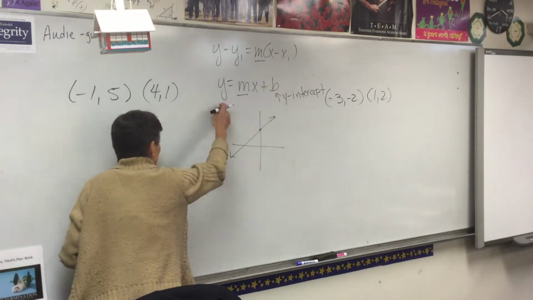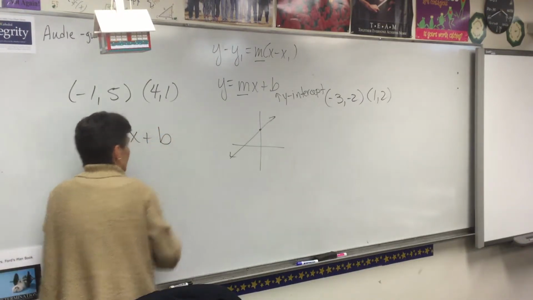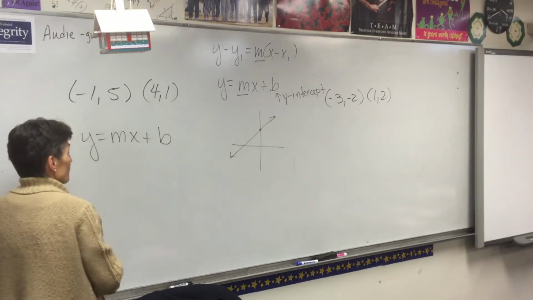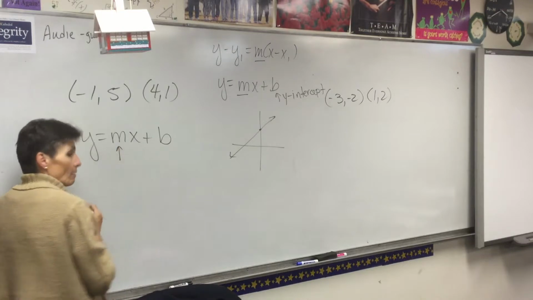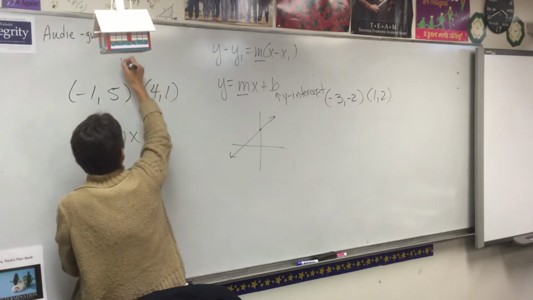All right, but let's see how this works. If we just say, all right, we're just going to use this from the beginning. We're going to do exactly what we did with that formula. We're going to plug stuff in. Well, I need to know my m, right? So just like yesterday, I'm going to figure that out first.